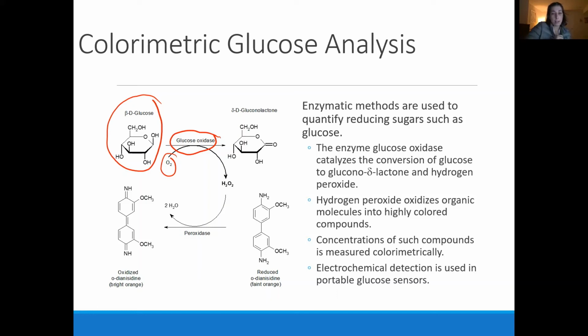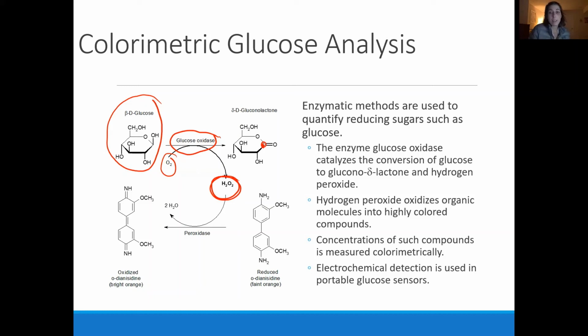But the key part here is that when this reaction happens, it produces H2O2. So for this lactone to form on an anomeric carbon, it has to have a free anomeric carbon. It has to be a reducing sugar for this reaction to even occur. So unless there is a reducing sugar present, H2O2 or hydrogen peroxide won't form.